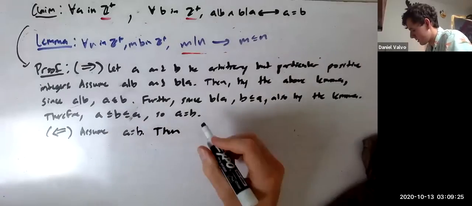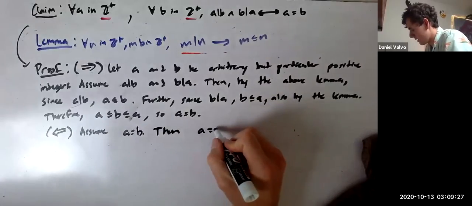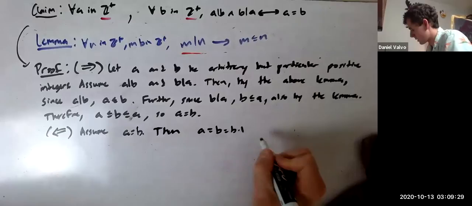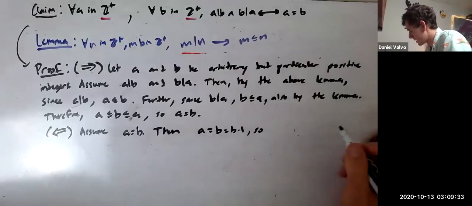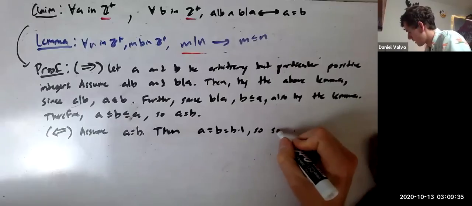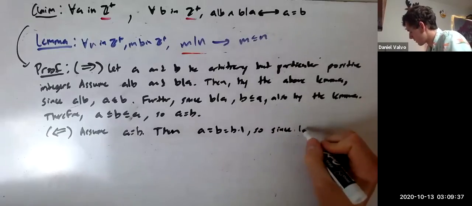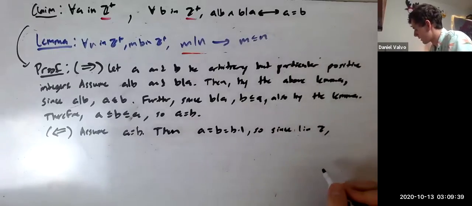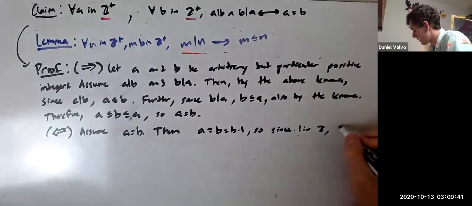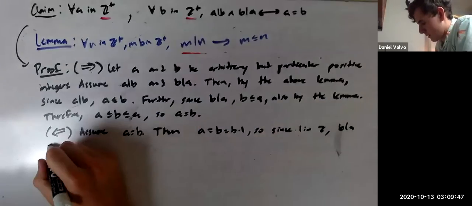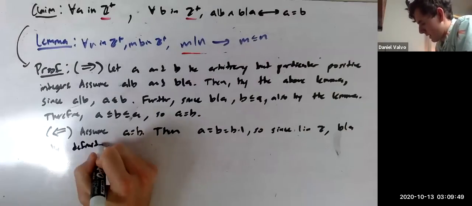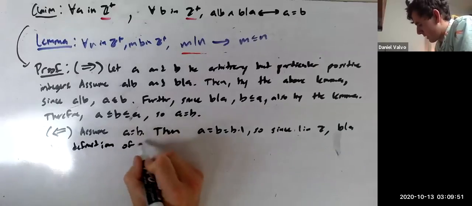Then A equals B, which equals B times 1. So, since 1 is an integer, B divides A by definition of divides.